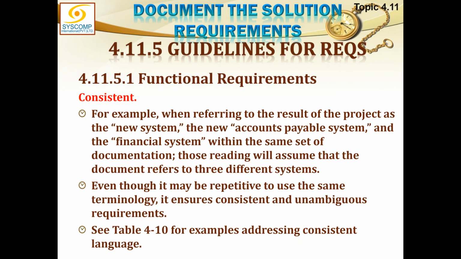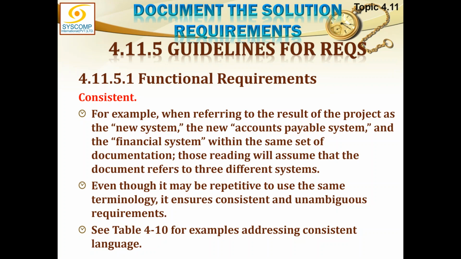So, somewhere you are saying it is a new system, somewhere you are saying it is the accounts payable system, and somewhere you are saying it is a financial system. Use a single term. If it is the accounts payable system, then keep saying accounts payable system wherever you need to say it. Even though it may be repetitive to use the same terminology, it ensures consistent and unambiguous requirements.